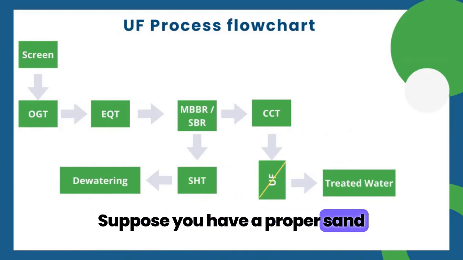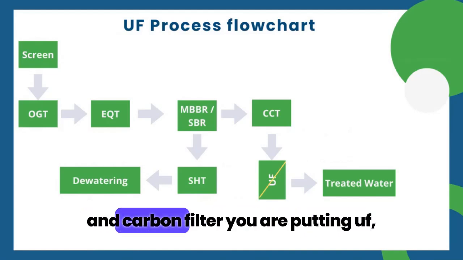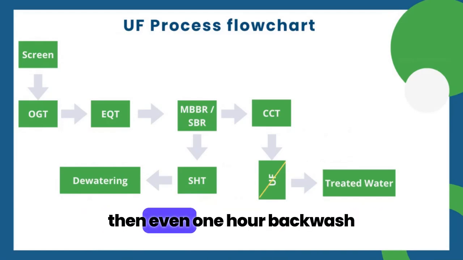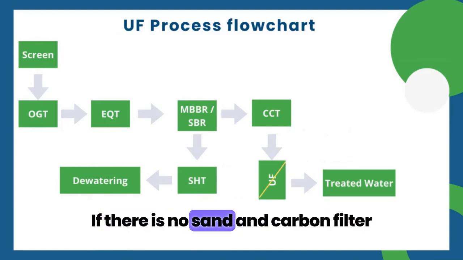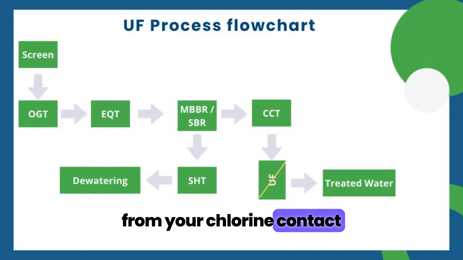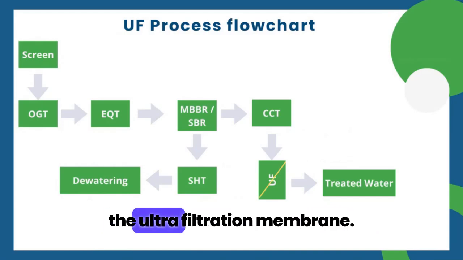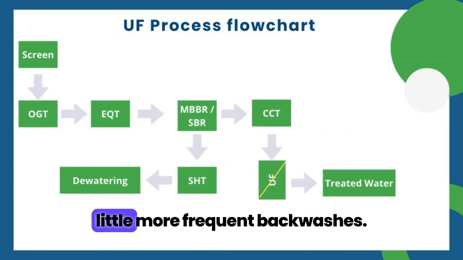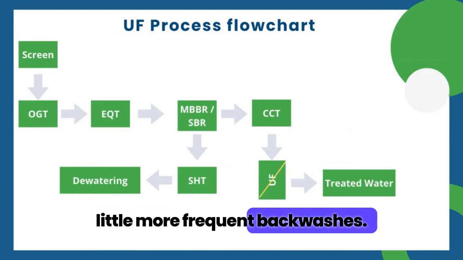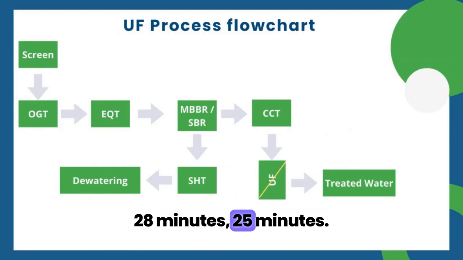Suppose you have a proper sand and carbon filter. After sand and carbon filter, you are putting UF, then even 1 hour backwash is also sufficient. If there is no sand and carbon filter, from your chlorine contact tank, you are pushing it into the ultrafiltration membrane. At that point, you might require little more frequent backwashes every 30 minutes, every 28 minutes, 25 minutes.